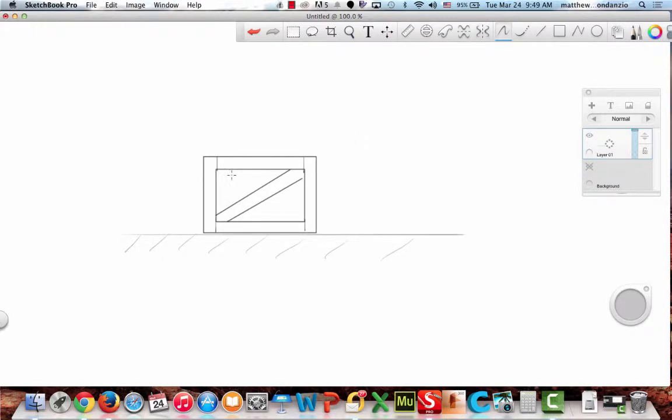Rather than making it too complex at the moment, let's start with a simple one. We're going to have a force of tension from the rope, and let's say the mass of the crate is 100 kilograms.